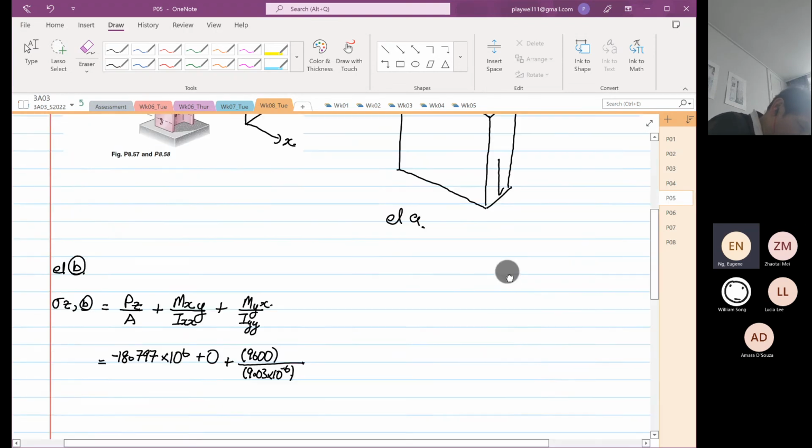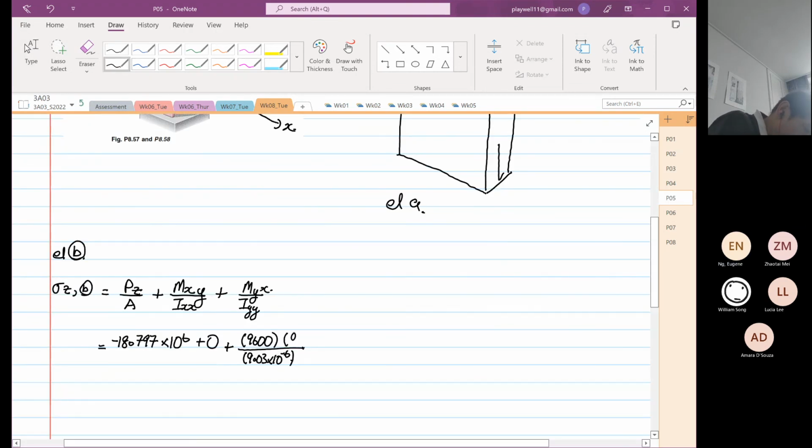So 7.24 times 10 to the power minus 3 divided by 2.